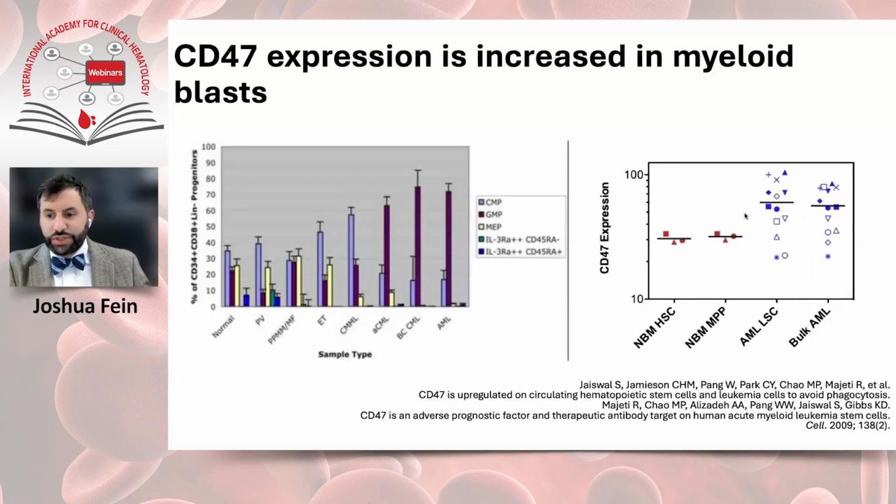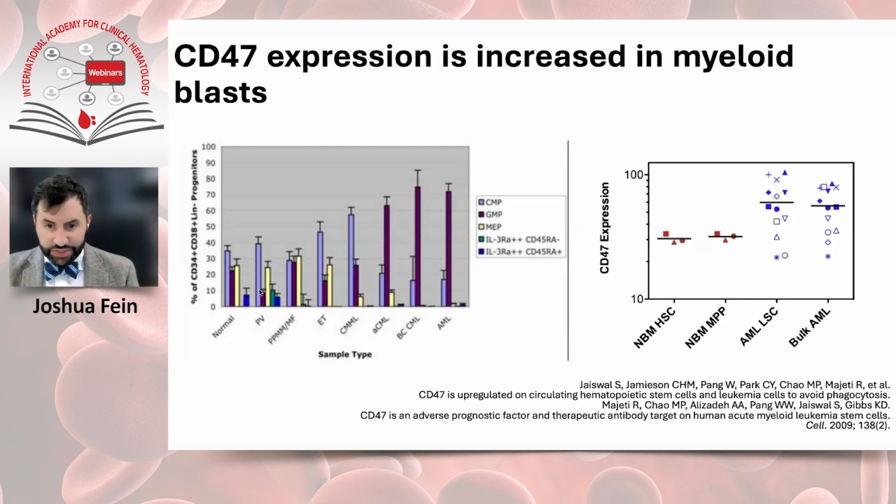They then looked at which cells in disease states express CD47. They found that diseased leukemic myeloid blasts actually express a significantly higher amount of CD47.